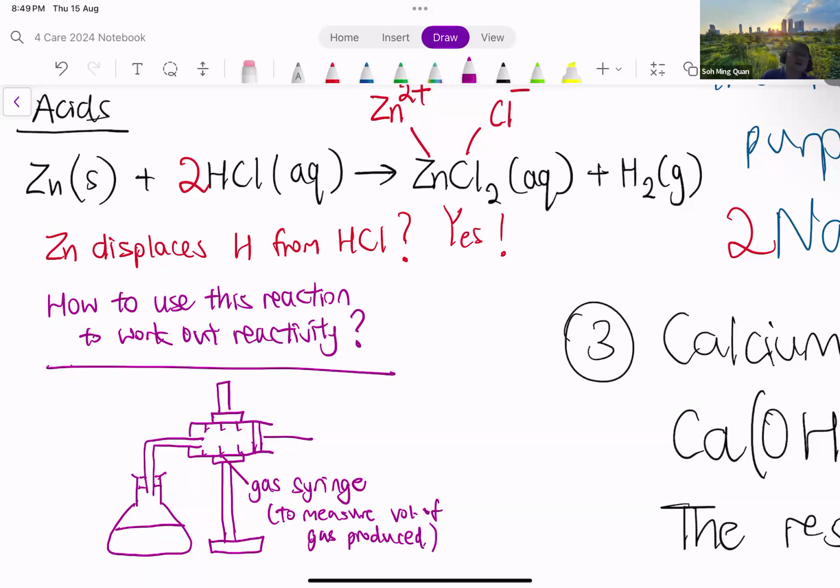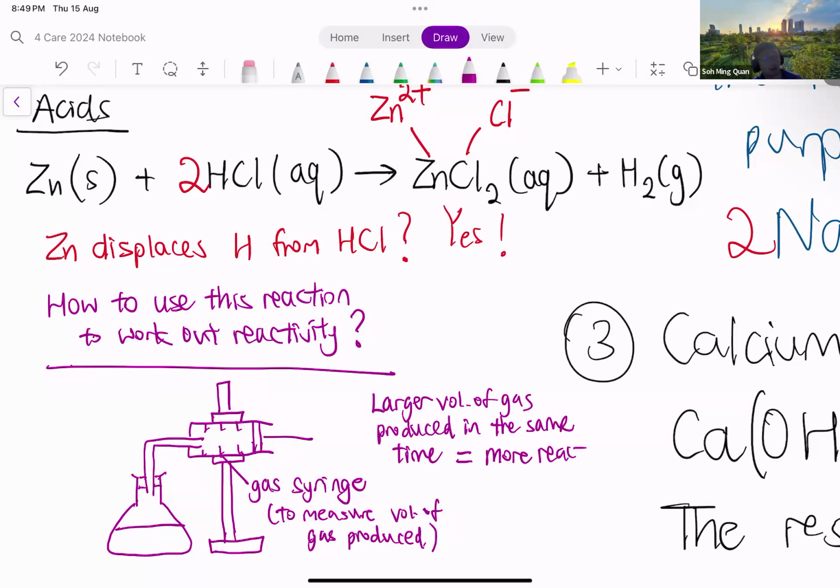A more reactive metal will have a faster reaction. Faster reaction means larger volume of gas produced in the same time. If it produces more gas in the same time, it means it's more reactive.